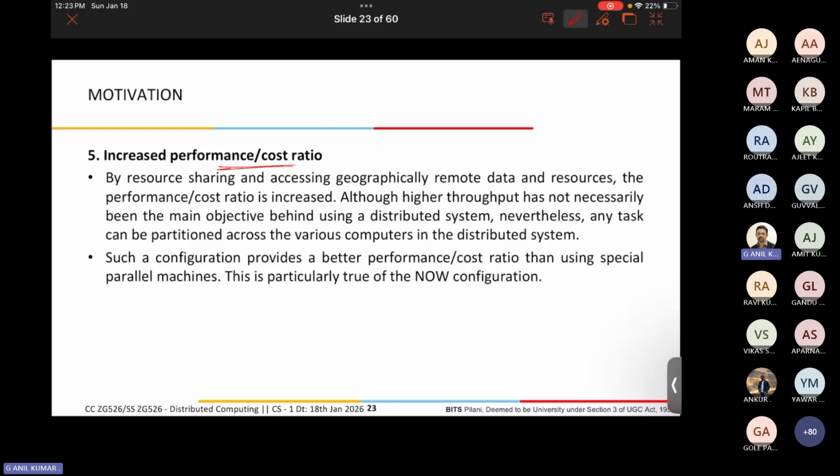When compared to what? I want an answer. A distributed computing environment can be compared with what? The high level of processing power, the high level of tasks that they are doing. They are compared with what?